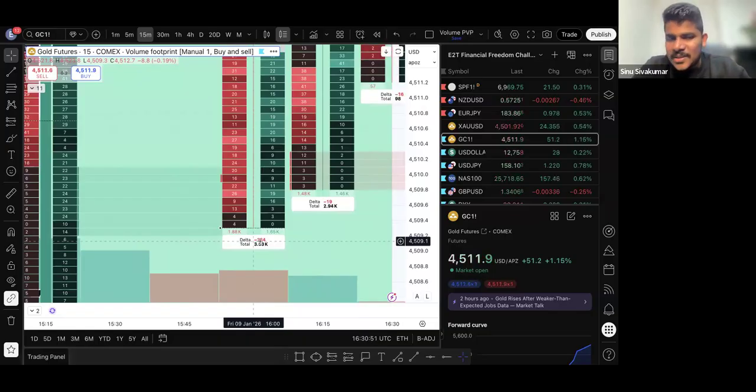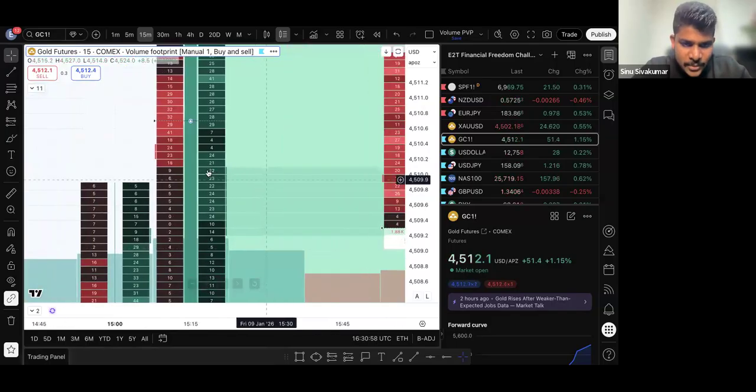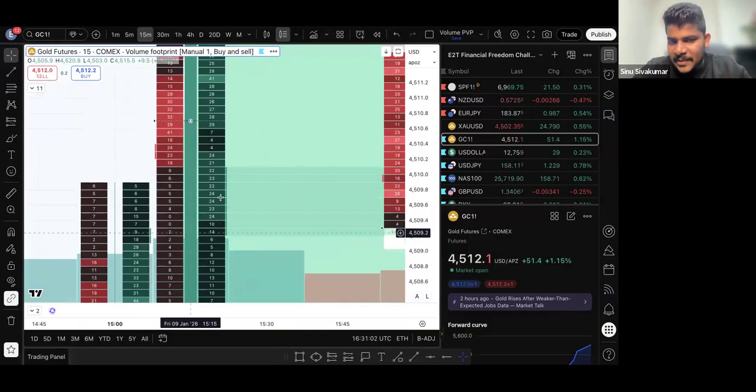As somebody has mentioned, this is just a pullback trade. We can also see there is a buy side imbalance, which is 22 lots, 23, 24, 25. So we have a buy side imbalance here.